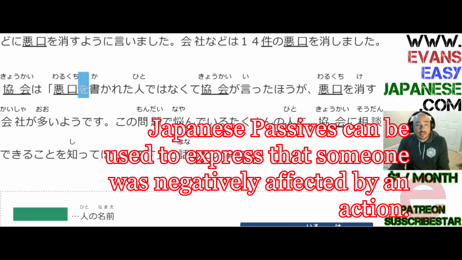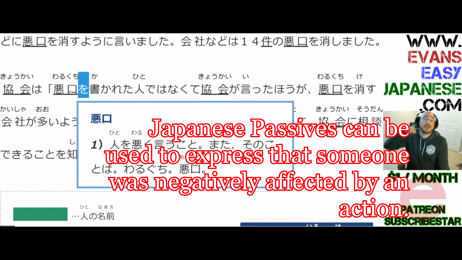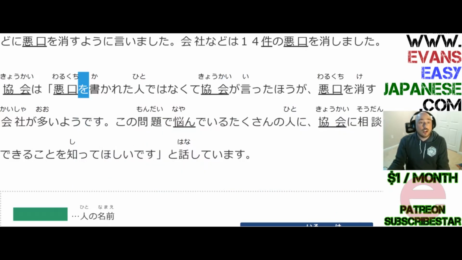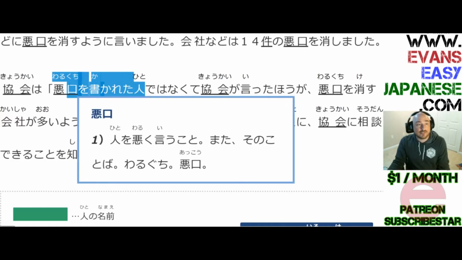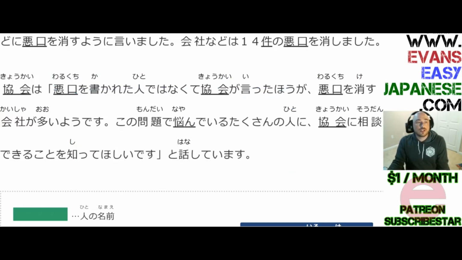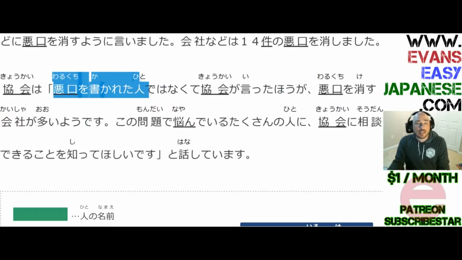So because it's this o particle, it either means that this passive is actually the honorific, which doesn't make any sense in this context, or it's the be negatively affected by. So these people have been negatively affected by the insults. So waruguchi o kakareta hito. These are people who have been negatively affected by somebody else writing the insults.